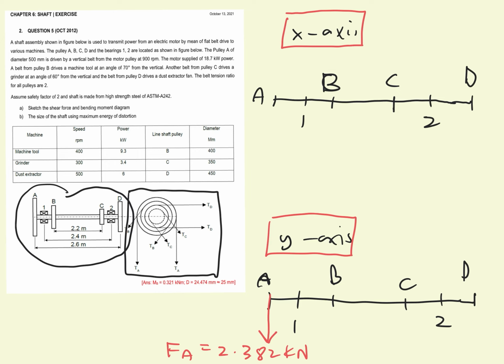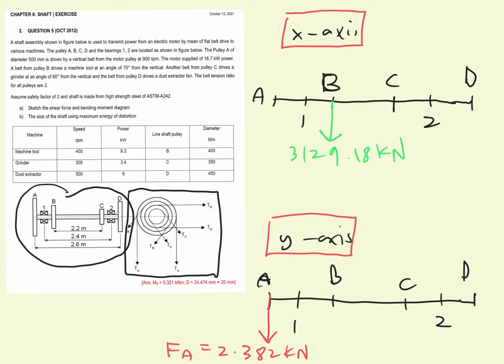So for pulley B, for the x-axis, the force acts on the left side, so it becomes negative, with a value of 3129.18 kilonewton.